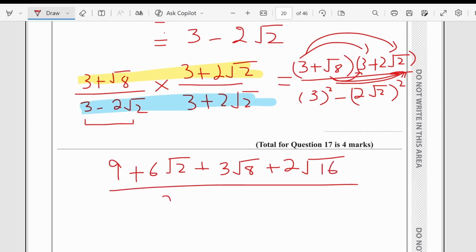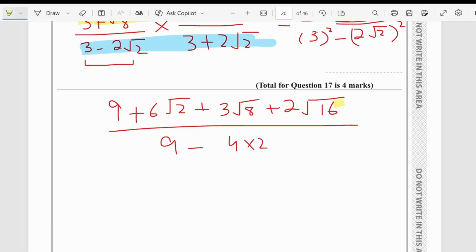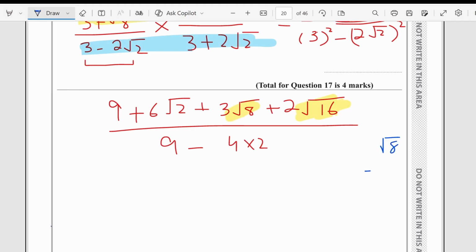In the denominator it would be 9 minus 2 squared, that is 4 times square root of 2 squared, which is only 2. Then we have like terms, so we'll simplify this and also this part. Square root of 8 can be written as square root of 4 times 2, square root of 4 is 2, and square root of 2 remains inside. And we know that square root of 16 is 4.